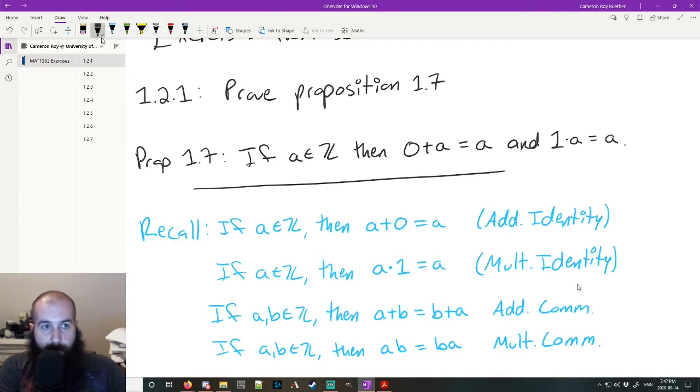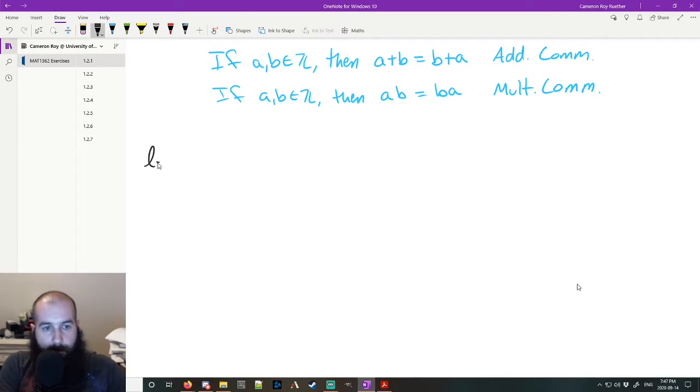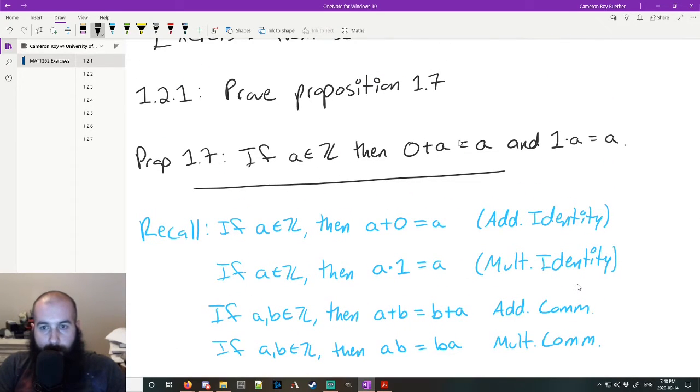So, switching back to black to write a proof, we're going to let a be an integer, because that's what we're reasoning about. And now we want to prove an equality, which means we can start with one side, make a chain of equalities justified by axioms that ends at the other side.